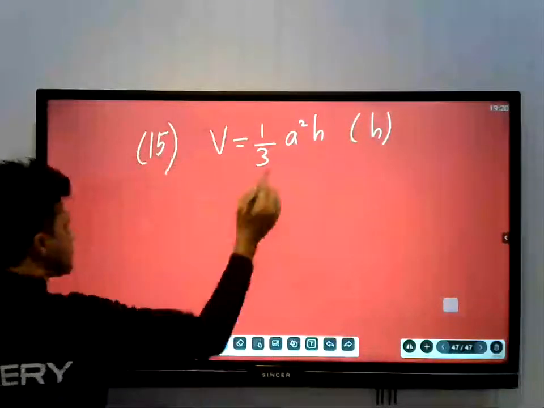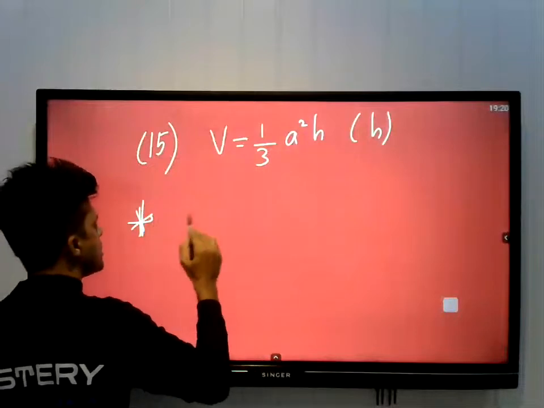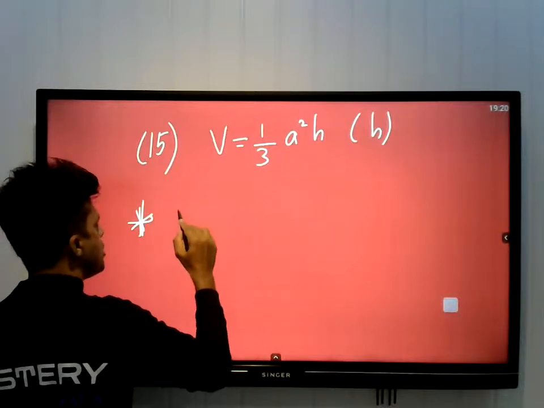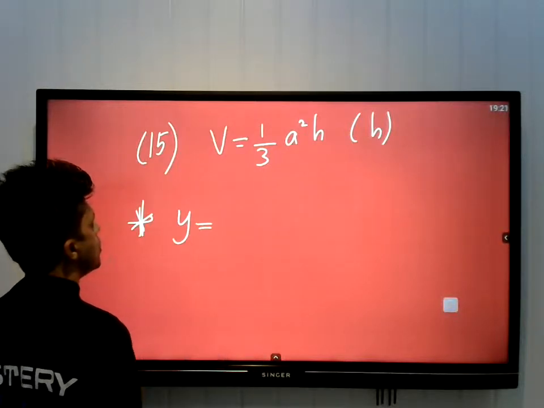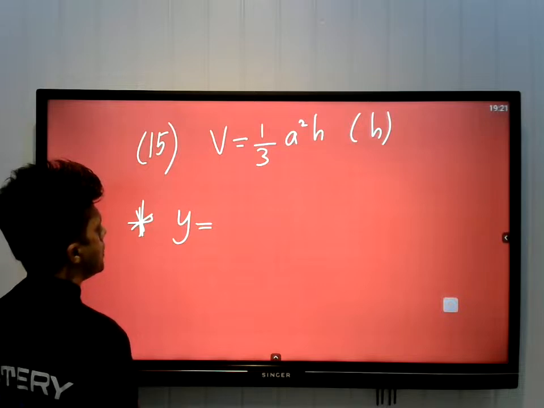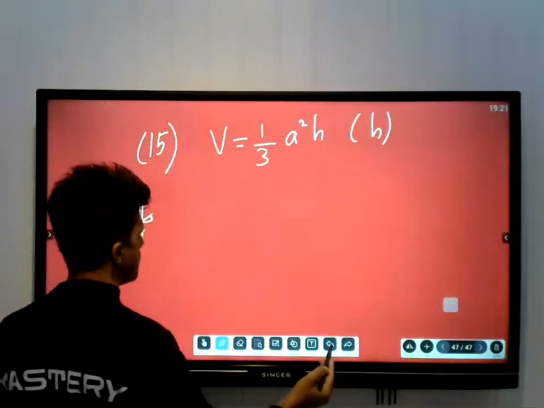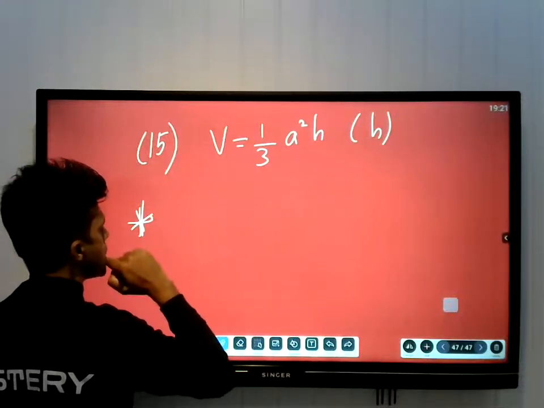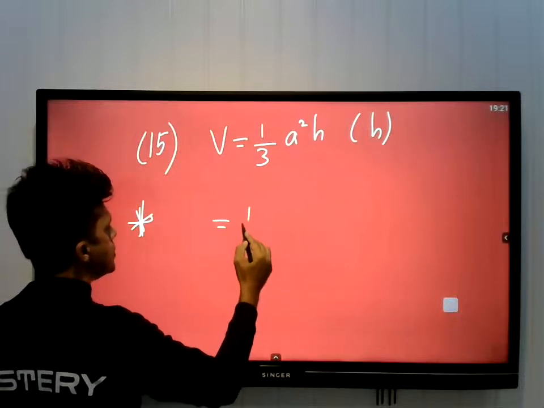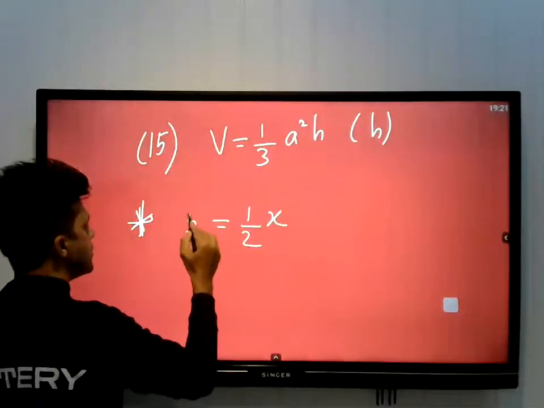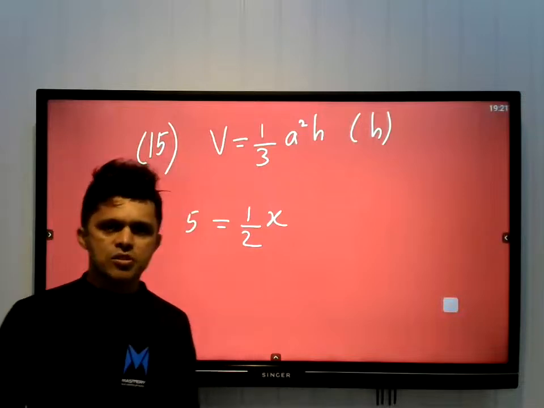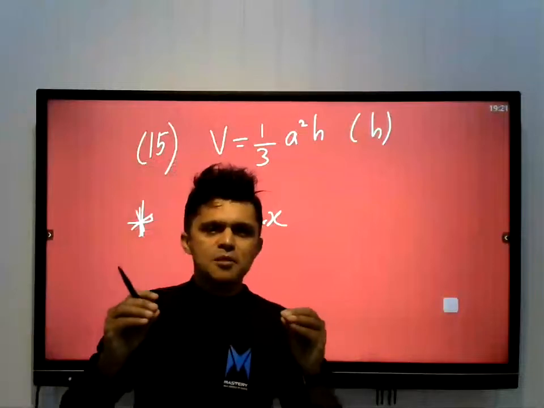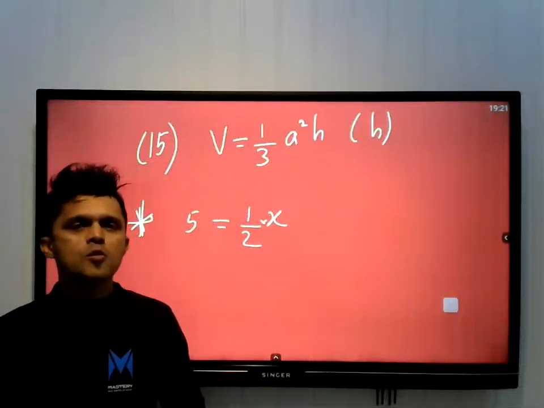So before doing this one, if y equals half x, this is half x, this is 5. Then when it comes to this type of equation, here multiplication, what we are doing is we remove the term 2. 2 needs to be removed.